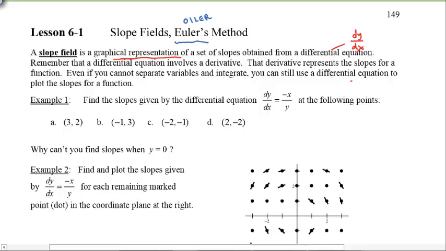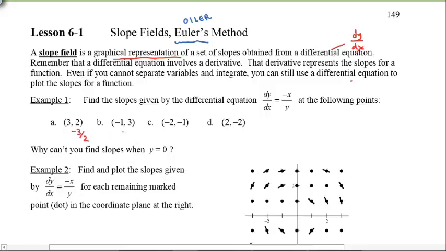In example number 1, I've got this equation: dy dx, the differential equation, is equal to negative x over y. I want you to find the following slopes at the given points. We did this way back when we did implicit differentiation. What you need to do is just plug in the points. So we plug in 3, 2 and you get negative 3 over 2.